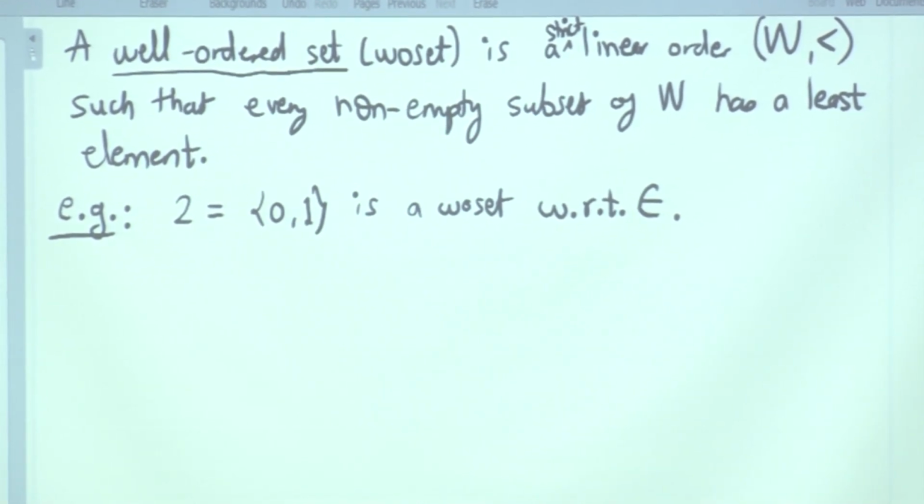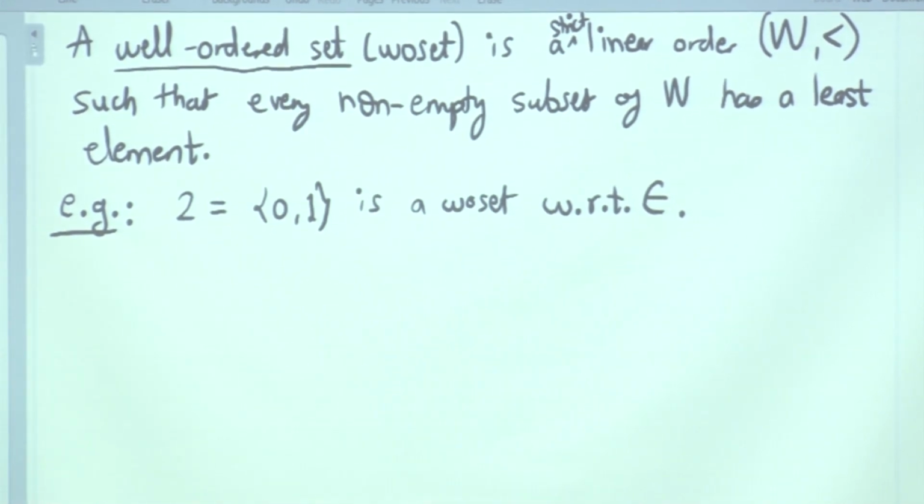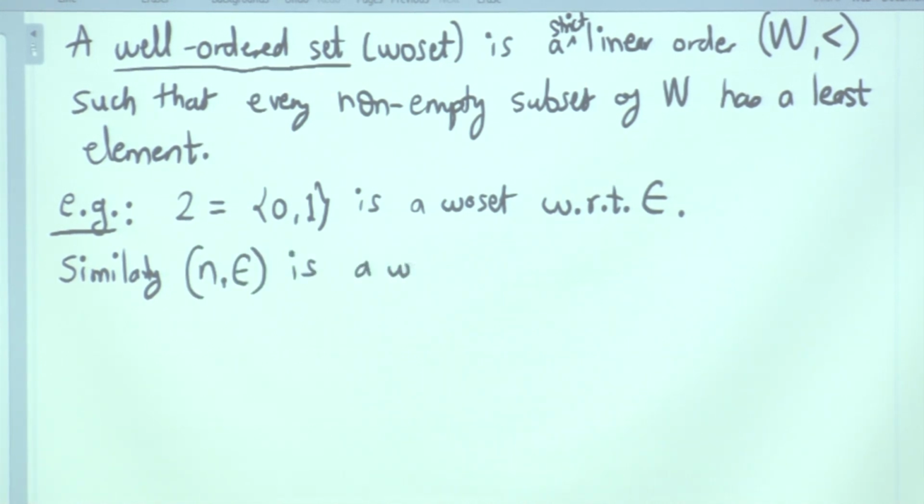Singleton 0 has 0 as the least element, singleton 1 has 1 as the least element, and {0, 1} has 0 as the least element because 0 belongs to 1. Okay, similarly, (n, belongs to) is a VOSET for each n in omega.